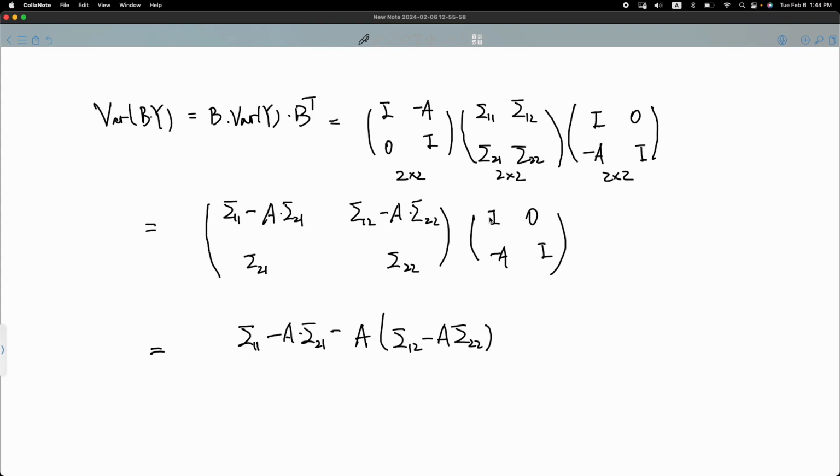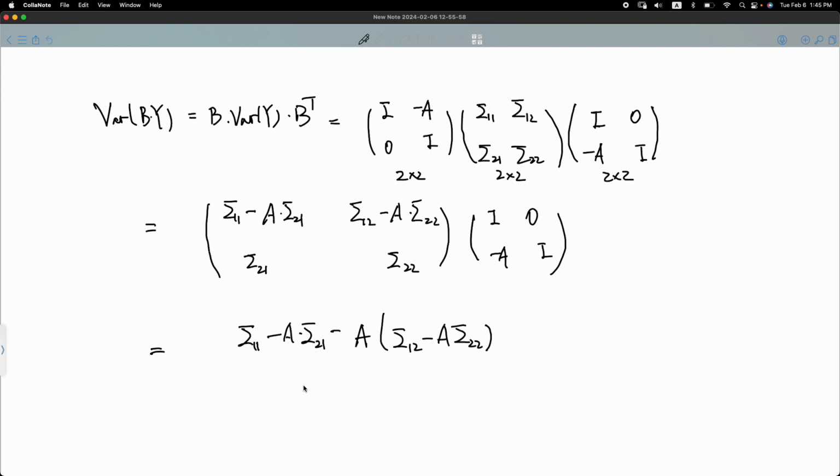Row column multiplied by row, so identity multiplied by that, negative A multiplied by that. Maybe we'll do it in the end. You can do it now, but since I started the long way, maybe I'll do it in the end. Your way will be easier.